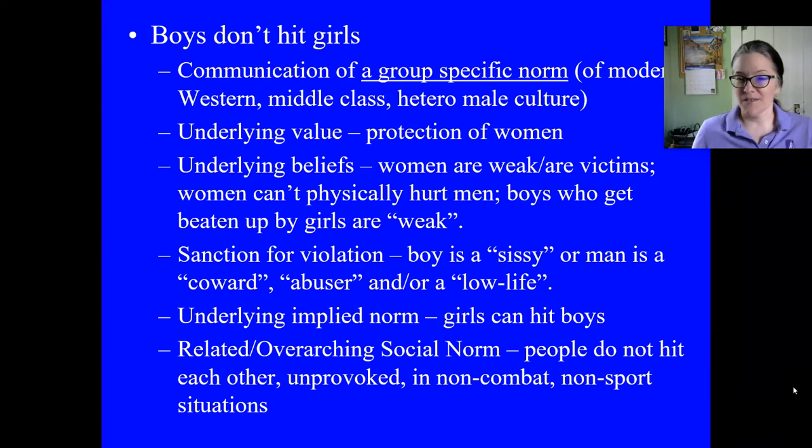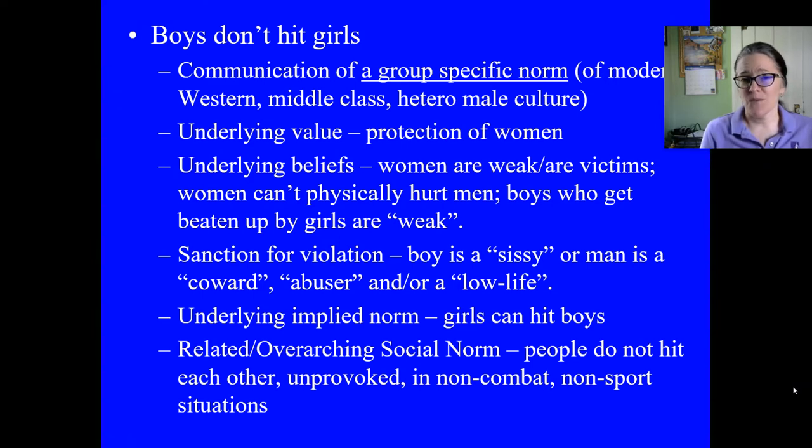This is one of our values that are norms. It's also a more, right? So there's negative sanctions against boys who hit girls. You can see that the underlying collective value is that women should be protected. Maybe there's some underlying belief that has to do with women being weaker. And we can find some biological support for that.